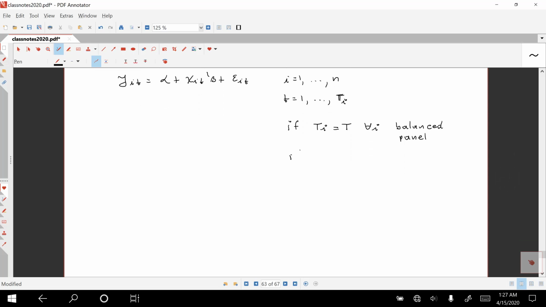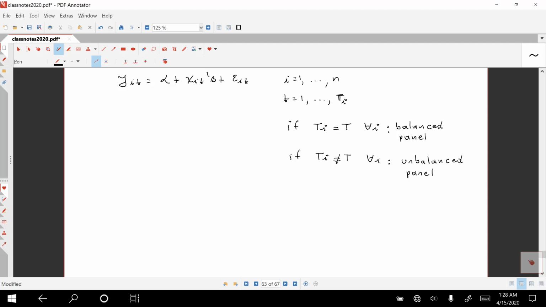If on the other hand Ti is different from a constant, where we're allowing the potential for different individuals to be observed a different number of time periods, then we have what's called an unbalanced panel.